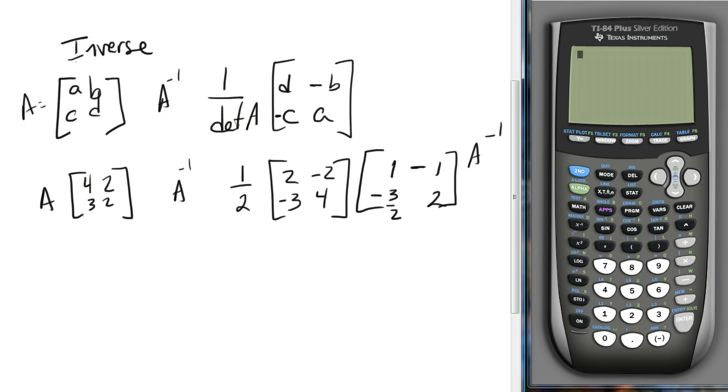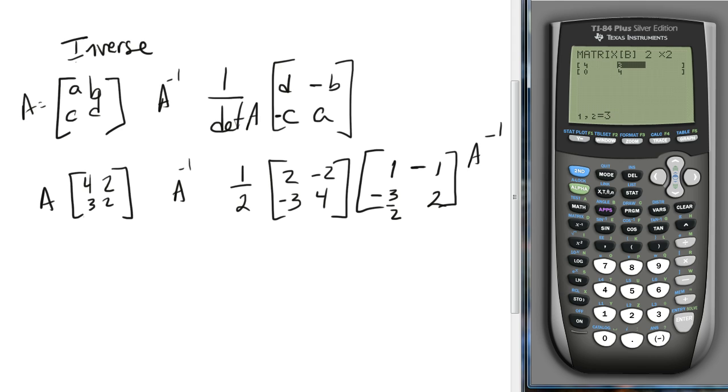Well, there's an easier way. All right, so let's type in matrix A. So second matrix, edit, and I'll put this under number 2. So 2 by 2, and I'll put in my numbers 4, 2, 3, 2.